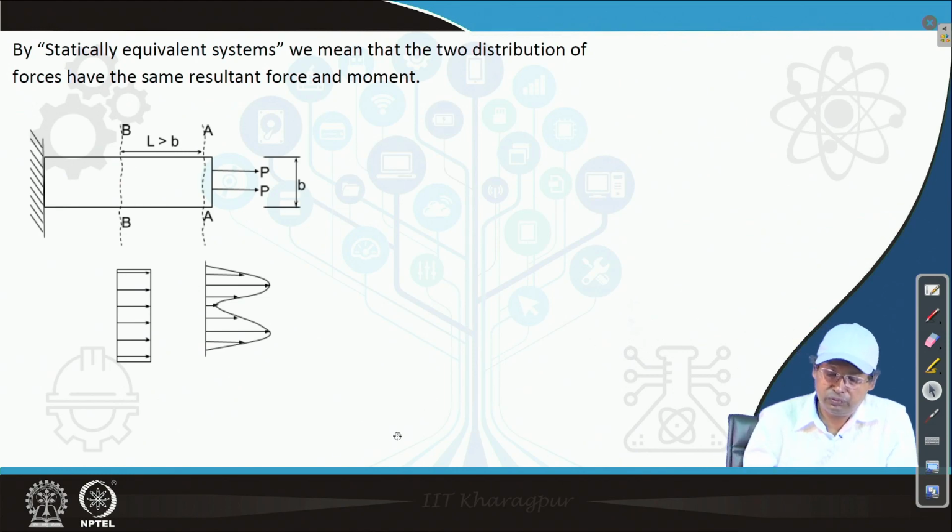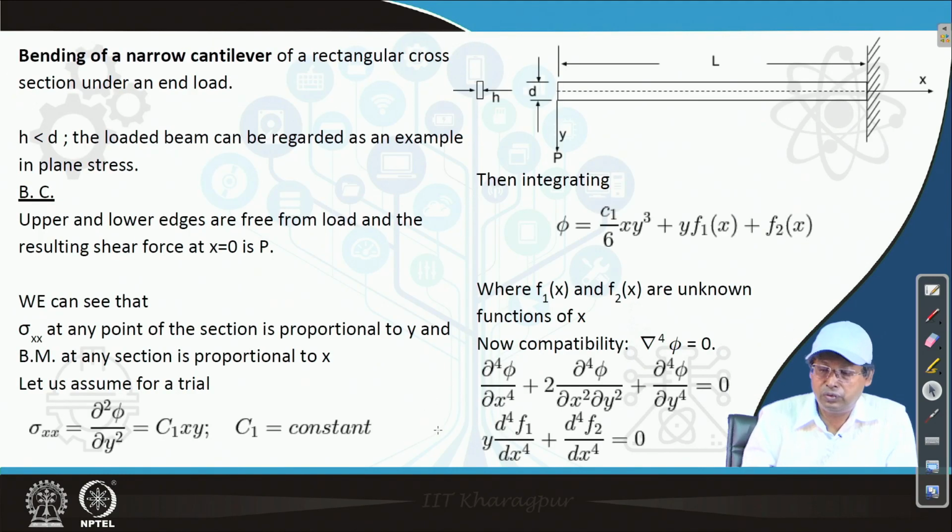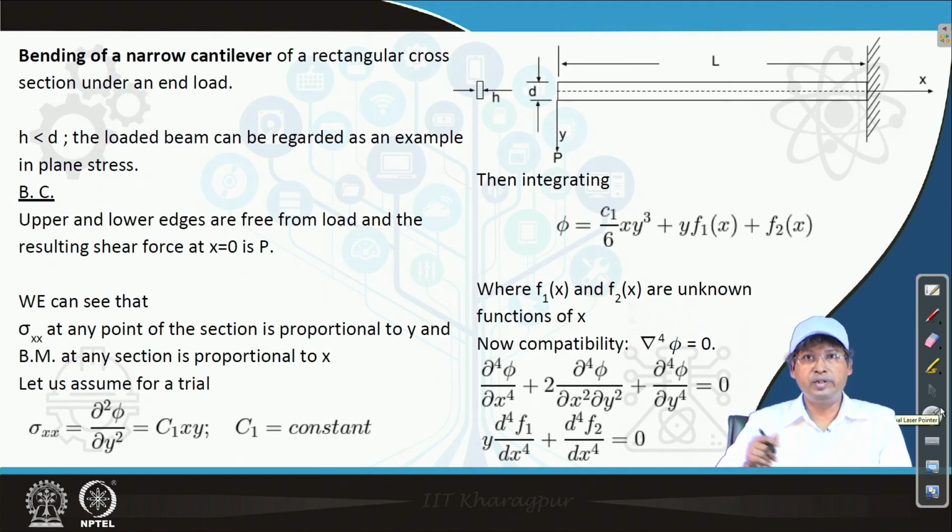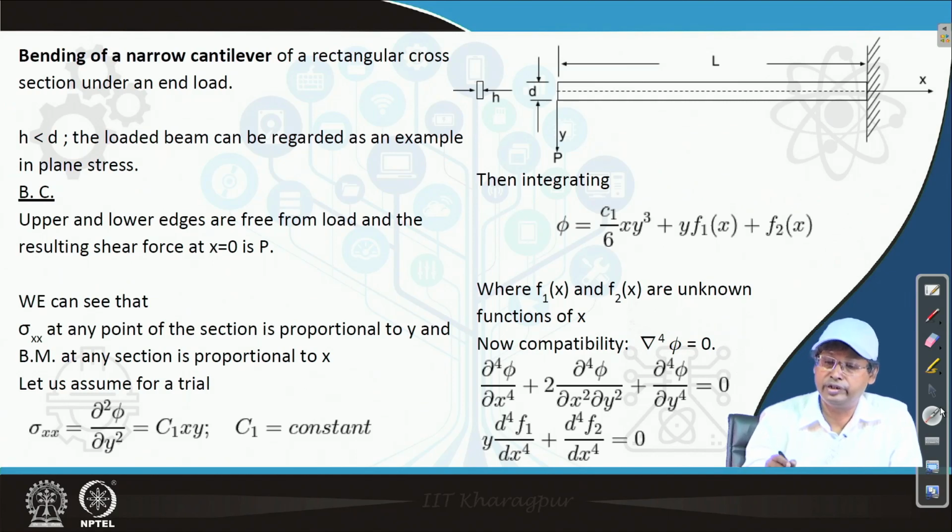In the next slide we will solve a problem. This problem is quite popular, probably from your first day of mechanics. The problem is similar, the only difference is that we have assumed a different coordinate system. We have drawn the problem in a different way. The fixed support is on the right hand side.